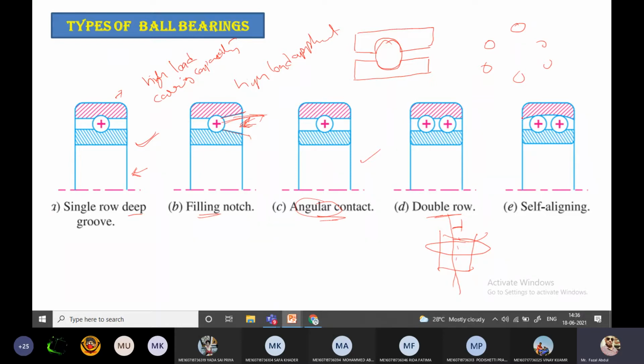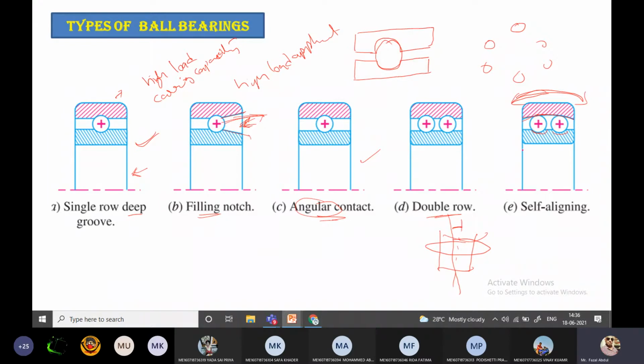See here, the outer ring has a curve shaped manner, and the inner ring has two recesses here. So easily in both directions, self alignment means shaft deflection in both directions.